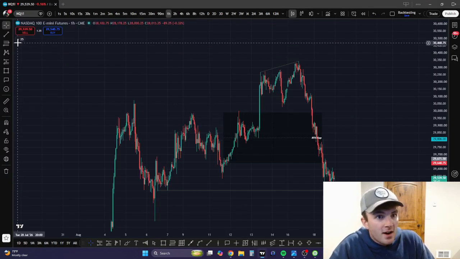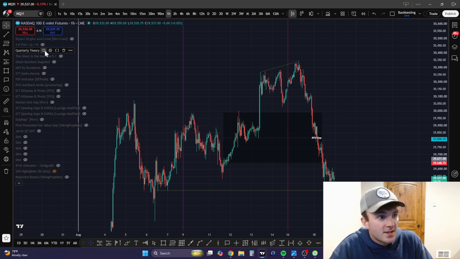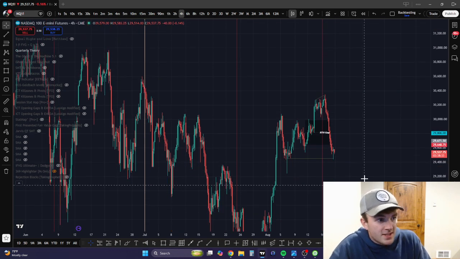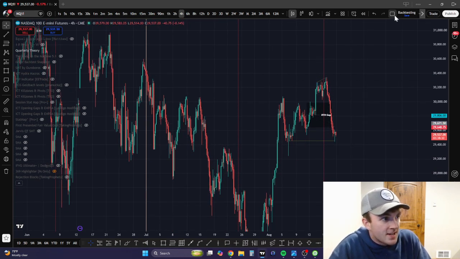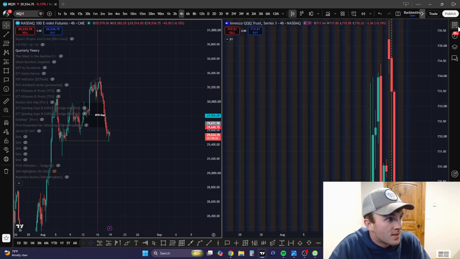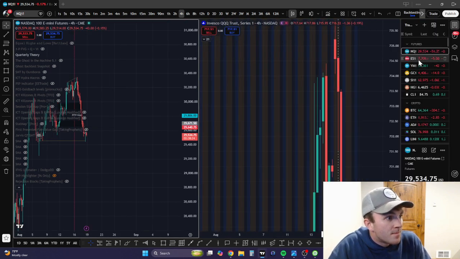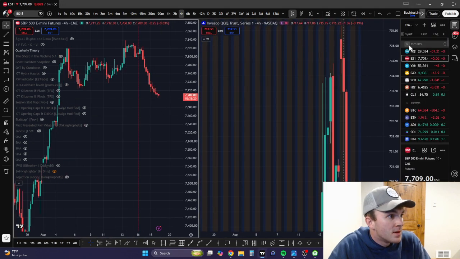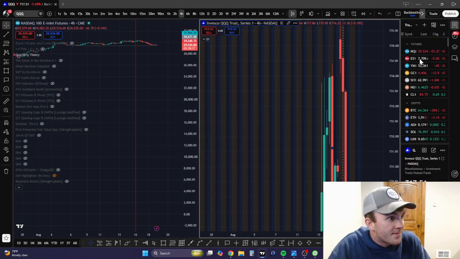It becomes very obvious when I turn on this indicator, which is my quarterly theory indicator. Check this out. The high, and let's actually get side by side here, okay?